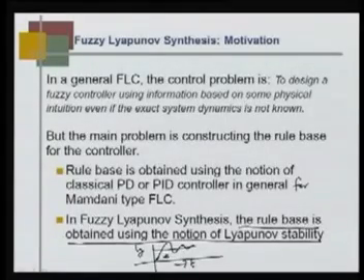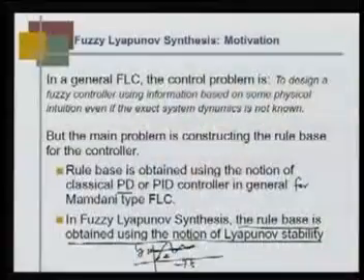When I am here, I would like to come very fast to this line, which is my desired command signal 1.0. So when my error is large and the rate of change in error is either small or large, whatever it is, I would like it to come fast. So my control must be very large.